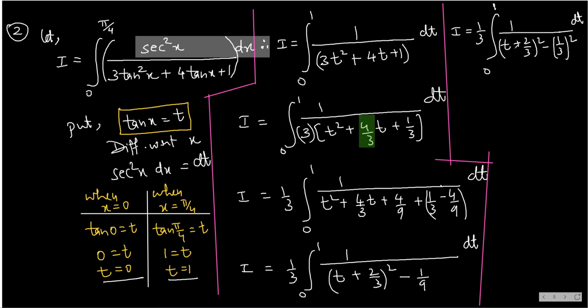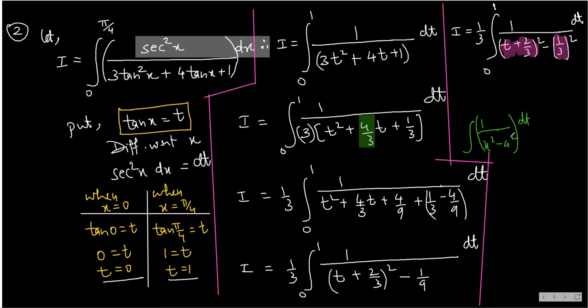So what I do is, now I have 1 upon variable square minus constant square. You can check what I have. This is variable square minus constant square, that is 1 upon x square minus a square. If you remember, this is the integral of 1 upon x square minus a square dx.